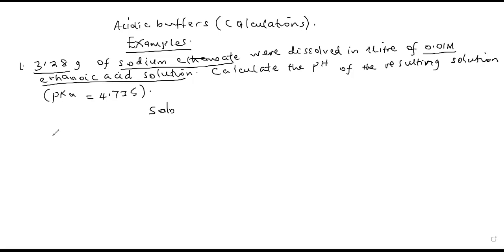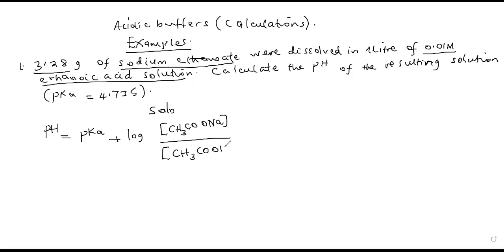First and foremost, you need to quote that formula. We said that pH equals pKa plus the logarithm of the concentration of the salt, sodium ethanoate, over the concentration of the acid, ethanoic acid. Now ask yourself, do I have all these given? Not really.